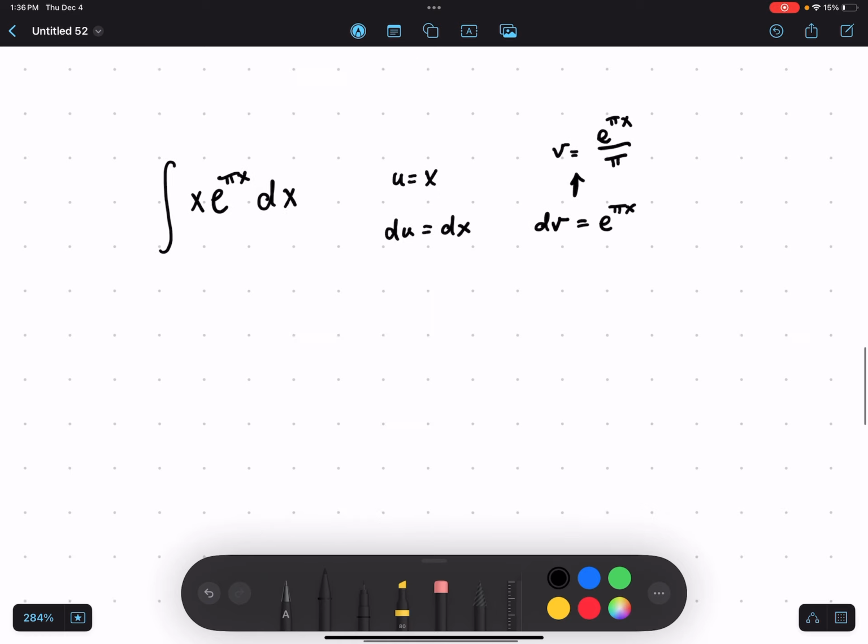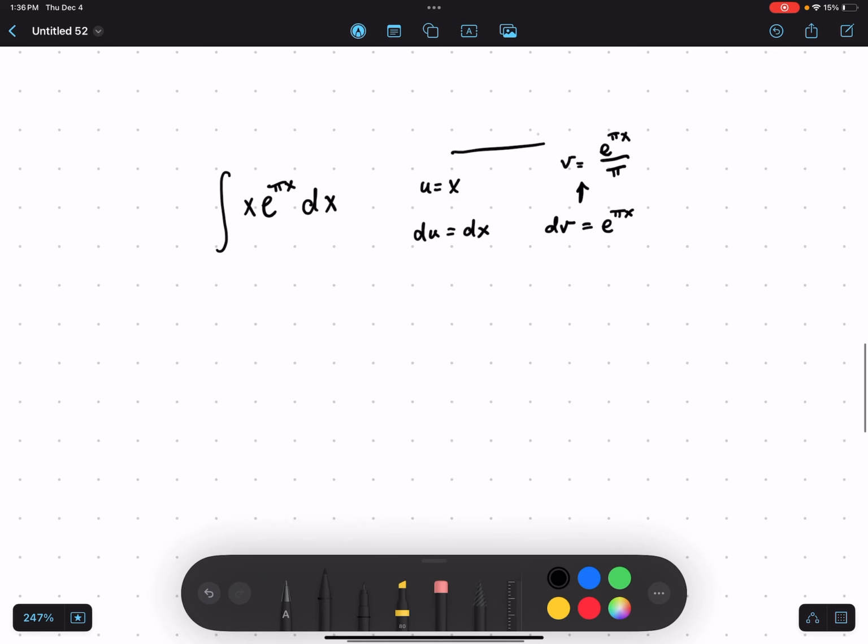And so now, following our pattern from earlier, we can go across u to v, and we'll do x e^(pi x) over pi minus the integral of diagonal here from v down to du. And we're going to pull this pi out front, so we'll put 1 over pi out front. So then we just have the integral of e to the pi x dx.